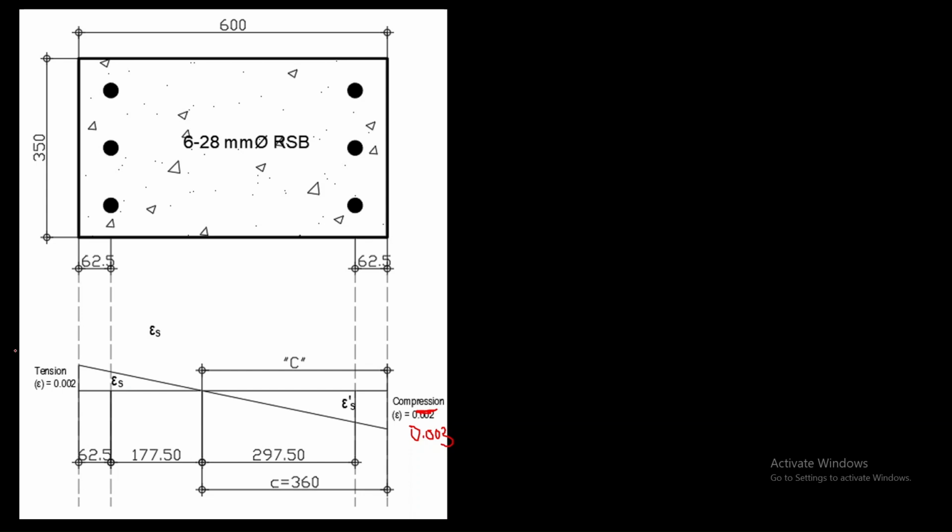So the value of C, as we reviewed in the previous discussion for the design of flexural members or column, the C is the distance on the outer side to the center of the section due to the strain.